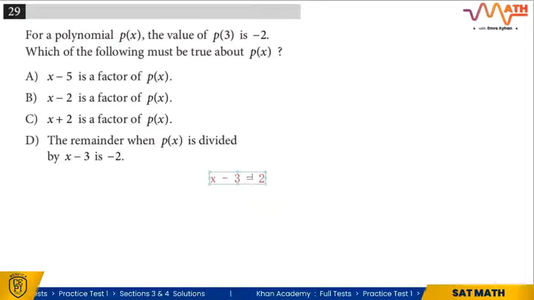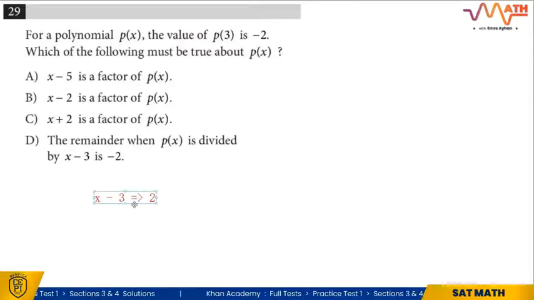The result is -2. Let's say not the substitution, but when we divide p of x by x minus 3, the remainder is -2. The answer is D. Right.